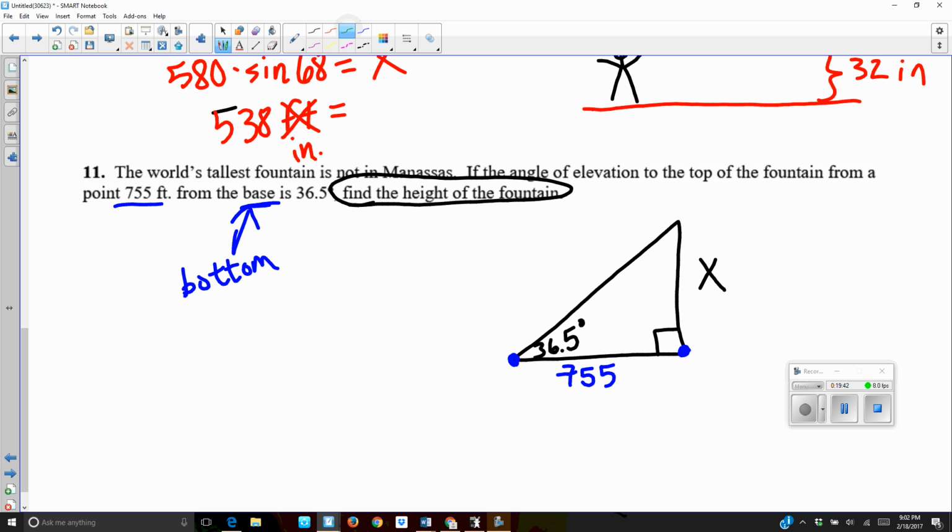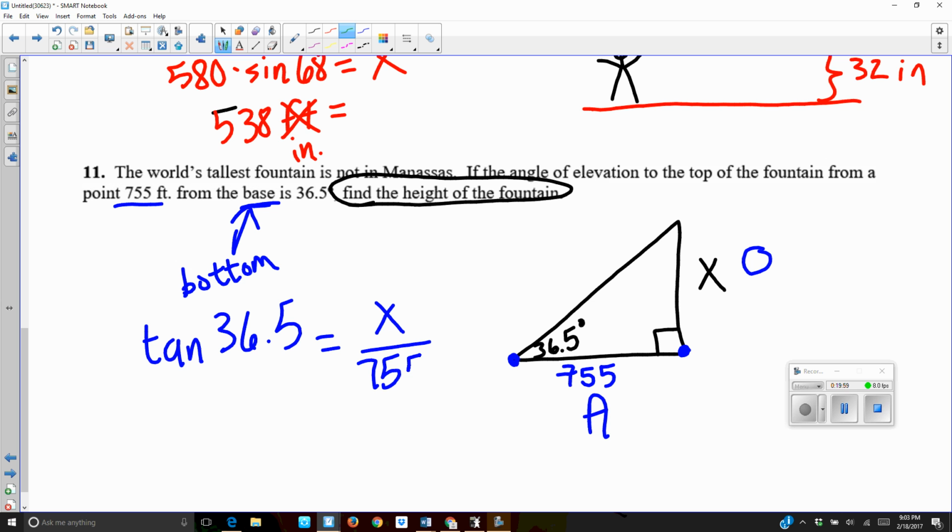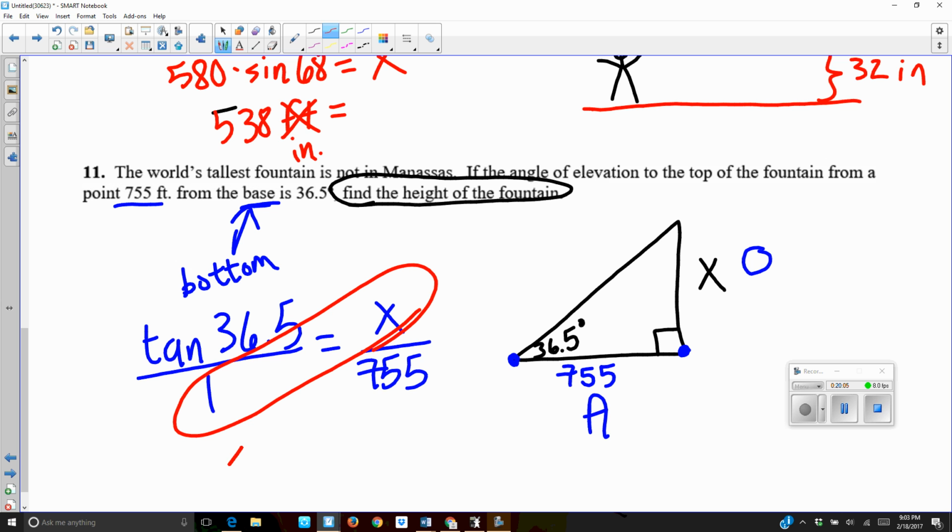So finally, we use a different trig function. We're going to use the tangent trig function because x is the opposite side, 755 is the adjacent side. So the tangent of 36.5 degrees equals opposite over adjacent. This is a quick one. Cross multiply one way, you just get x.